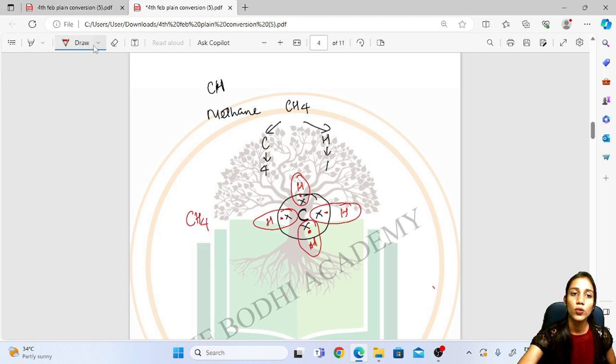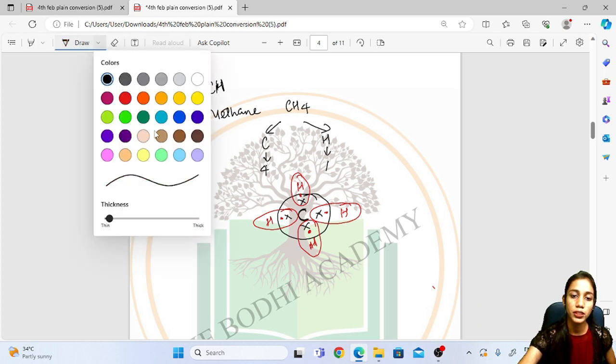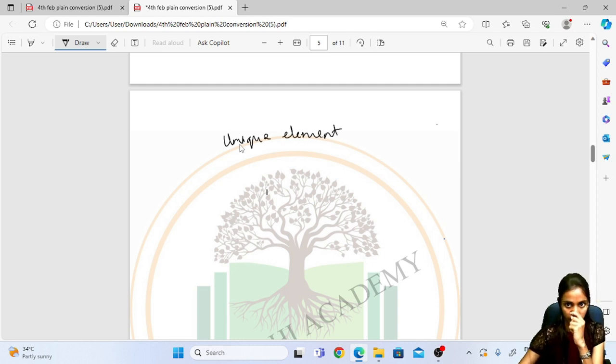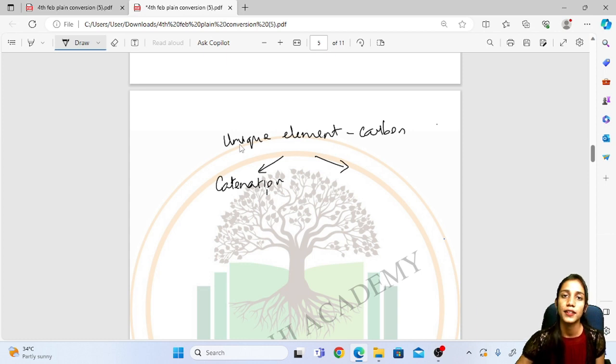Now you can see that carbon is a very unique element, because it can share its electrons and form compounds with other carbon, as well as with other elements. Because of this it is called a unique element, mainly because of its 2 properties. One property is catenation.